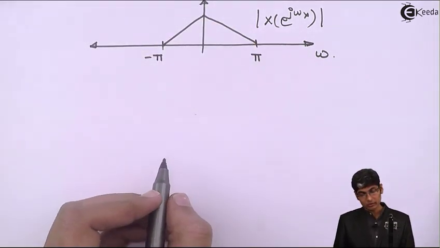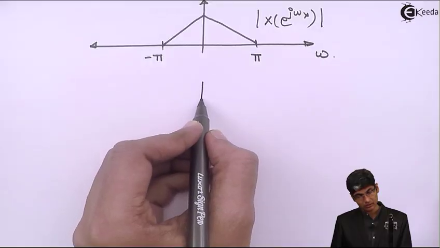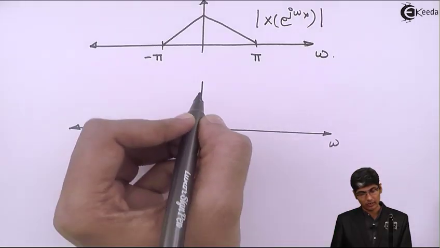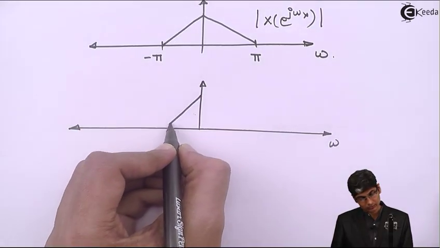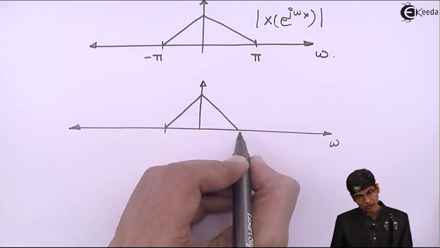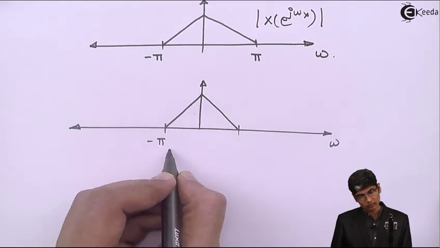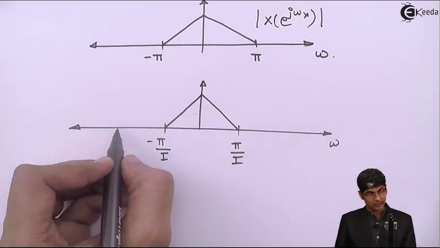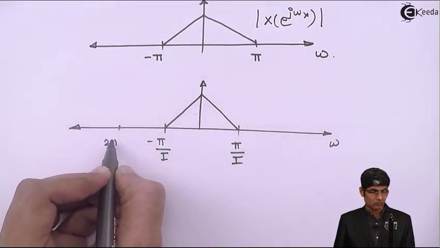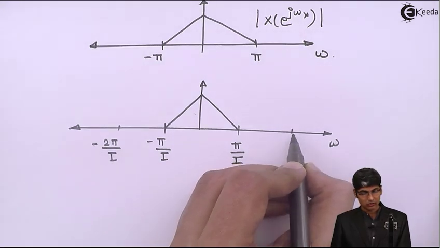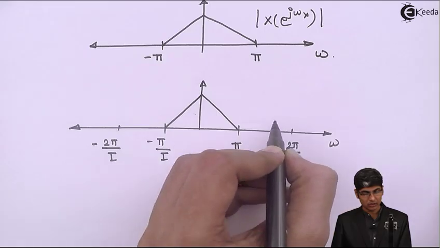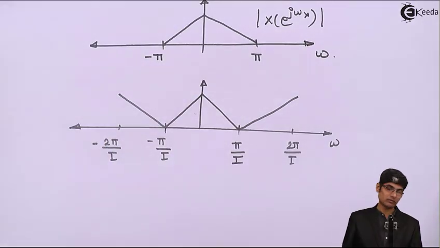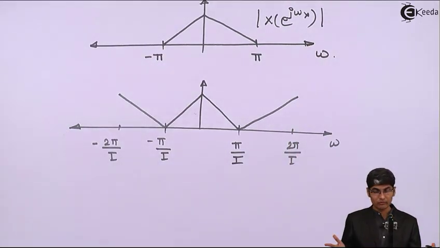Okay. Now, what I do is, I do the interpolation. When I do the interpolation, the same spectrum in omega will be reduced. It is going to get reduced from minus pi by I to plus pi upon I. And then at minus 2 pi by I to plus 2 pi by I, there will be a replication, and this is going to happen for infinite duration.